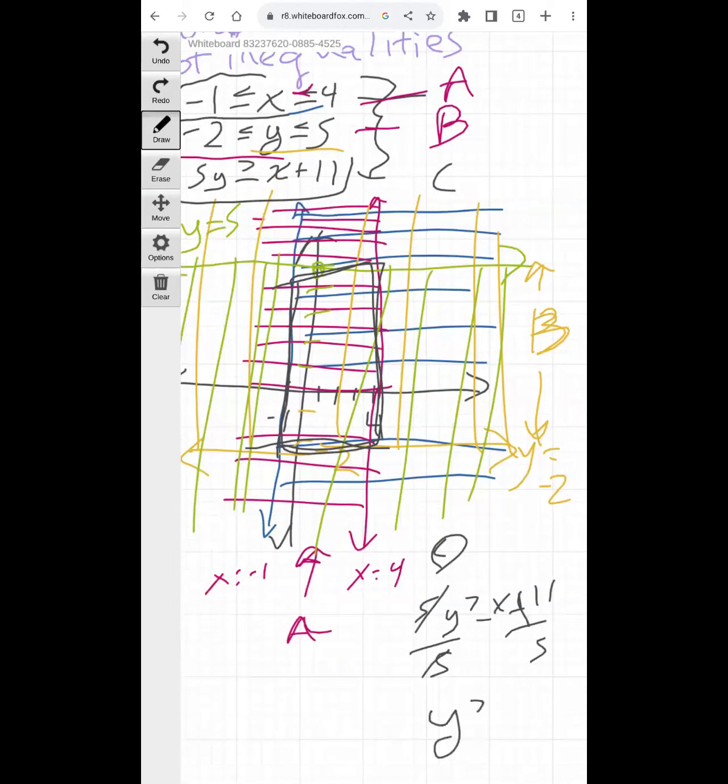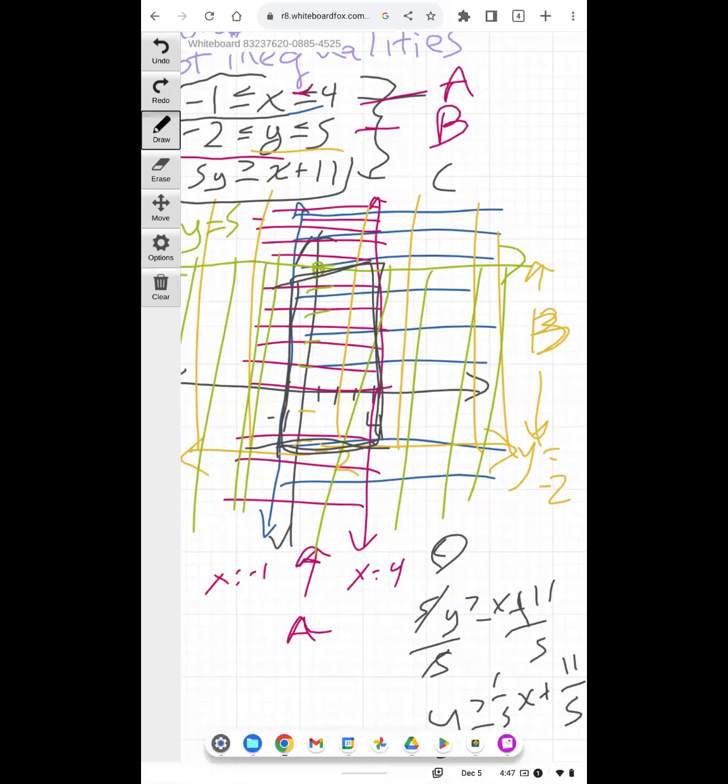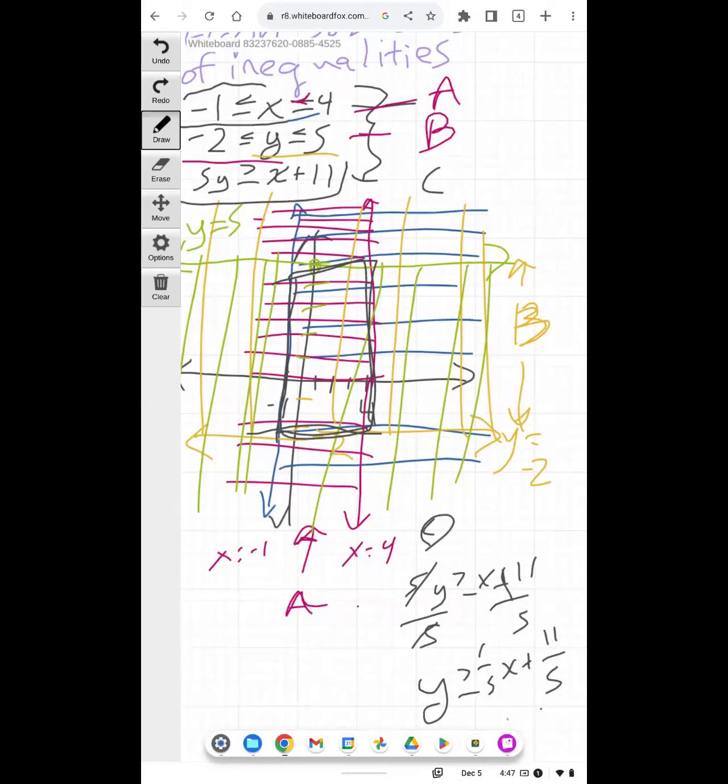So y is greater than or equal to x divided by 5, which is 1 over 5 x, plus 11 over 5. So we have a line where y equals 1/5 x plus 11 over 5, and we shade everything above that line because we have a greater than or equal to sign.